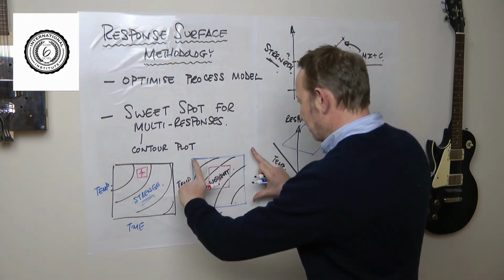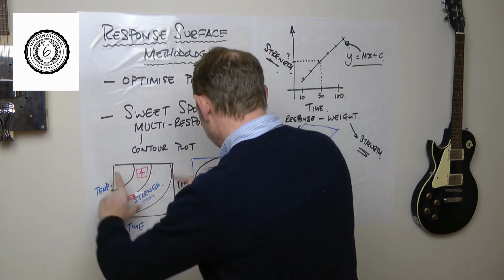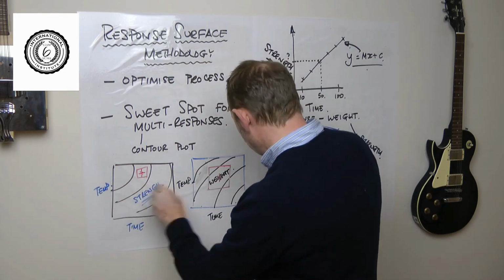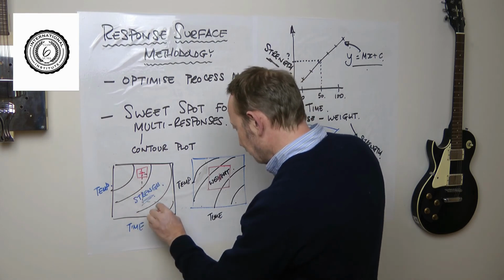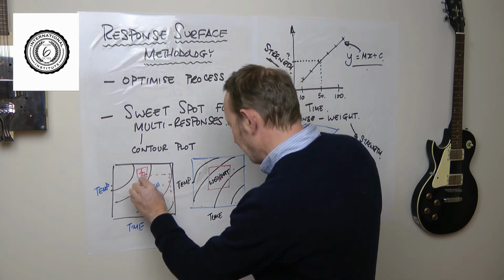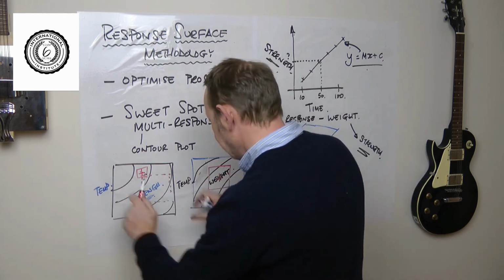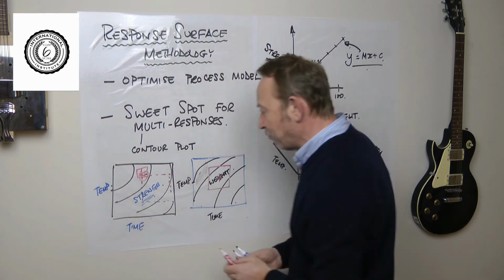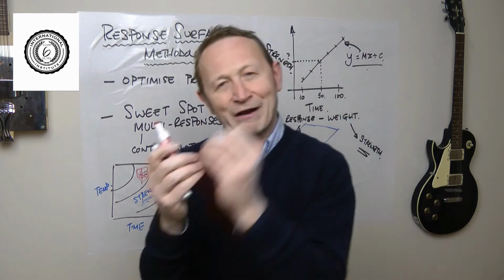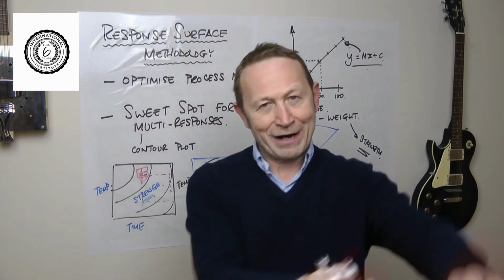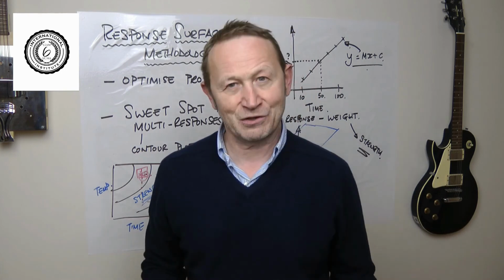And what they would do is they'd pick this up and they'd put them over the top and they would look for the point where these two regions overlap one another. So maybe if I impose the weight box on here and there is the point where they overlap, that's the sweet spot where I can get closest to the strength and closest to the weight.